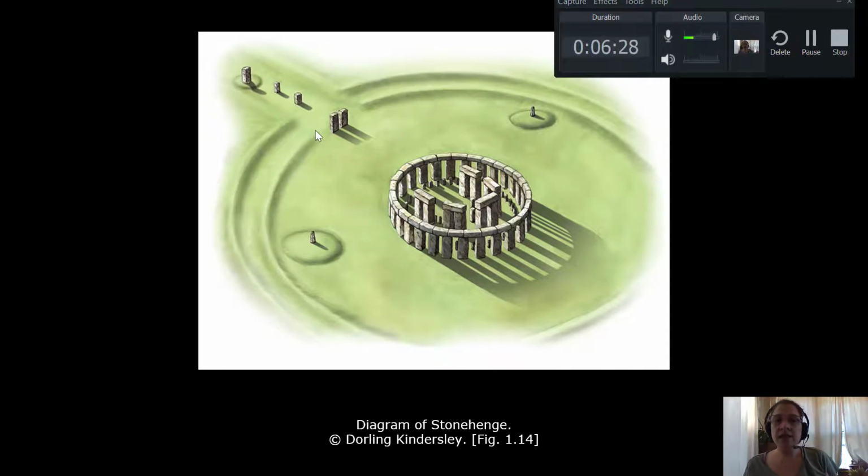And it is believed that when somebody of great importance died, they would have been brought across the river and then down this ancient road to this site. And beyond that, it's not quite sure what happened. We have found bodies in the area.